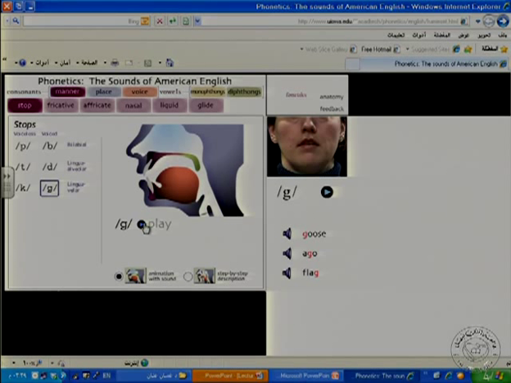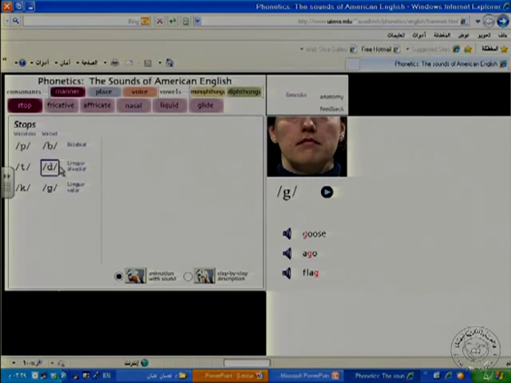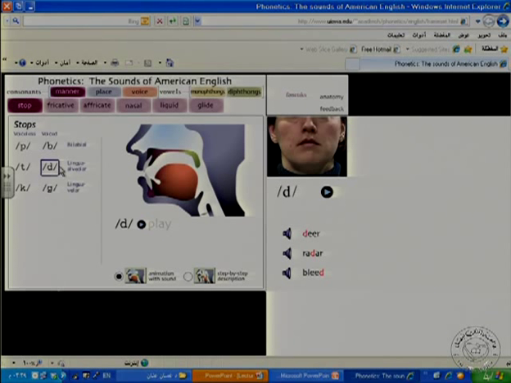This video shows what exactly happened in the lips from the front view, see. G. Back to this image. See, this is G. D. Again, see.